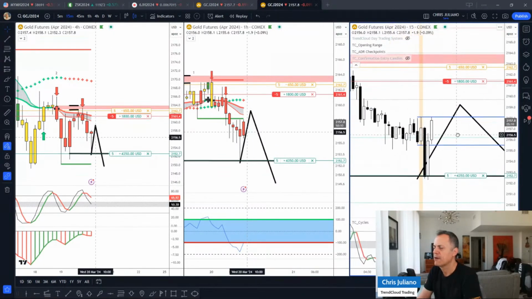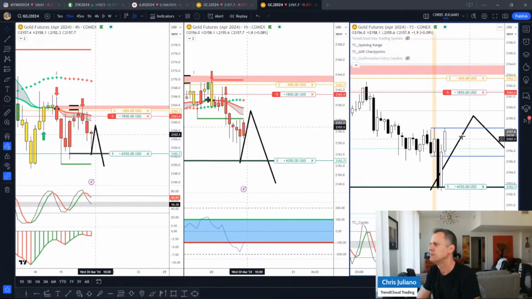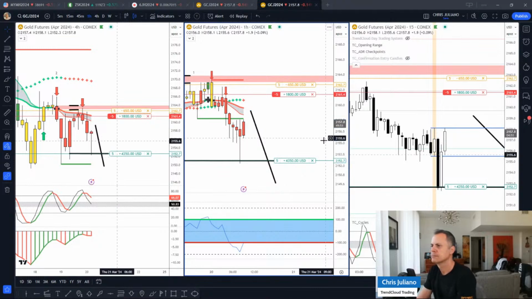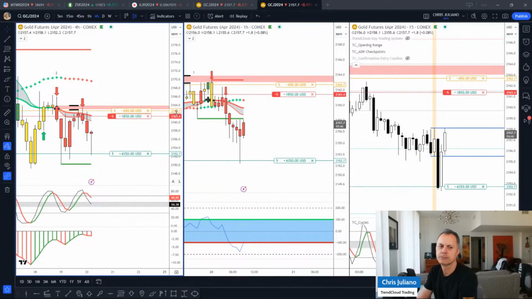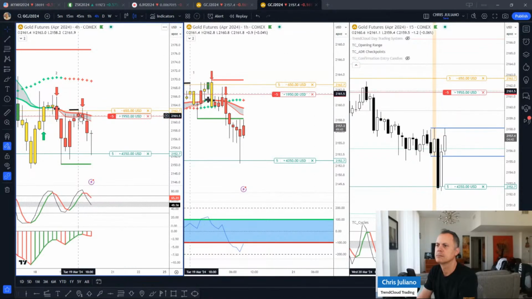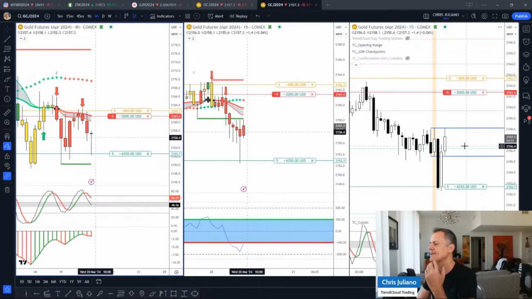Really deep pullback there. Okay. All right.